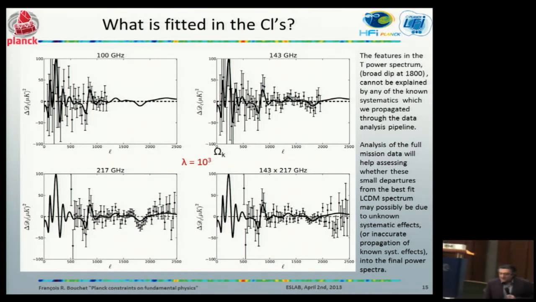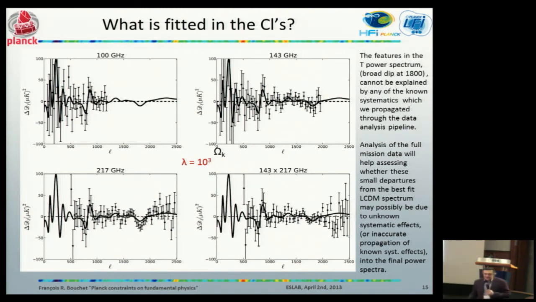We've looked very carefully at this, and we spent a lot of time trying to see whether there would be any indication of systematic effects and so on, and we didn't find any. Now, clearly this is an area where having more data and the ability of doing different null tests, having redundancy to make further cuts on the data, will allow us to confirm or infirm the significance of this feature.